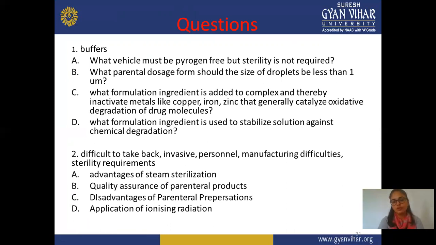Next: what formulation ingredient is used to protect a solution against chemical degradation? Next is the second question: difficulties in parenteral manufacturing, sterility requirement, advantages of steam sterilization, basic quality assurance of a parenteral product, disadvantages of parenteral preparation, and applications of ionizing radiation.